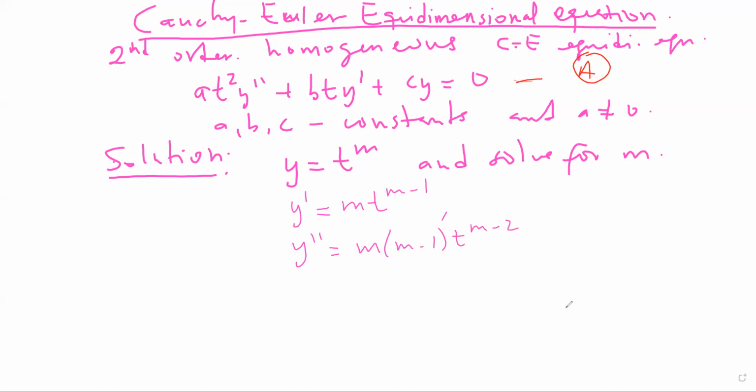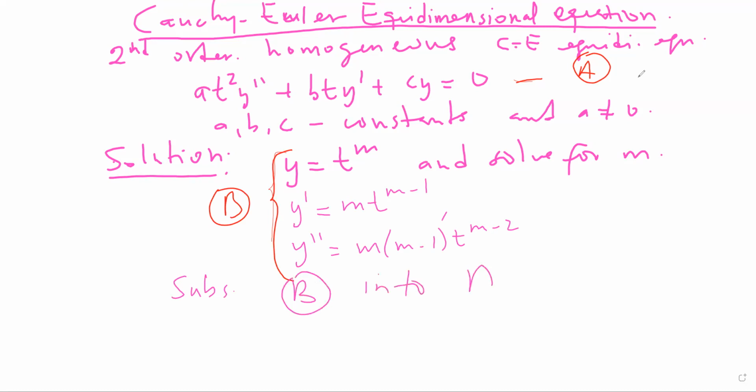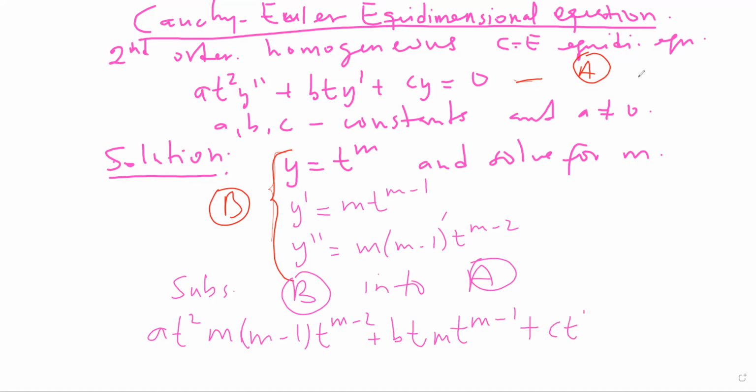Okay, so once you have these derivatives, which I'll call B, the next step is to substitute B into A. If you substitute B into A, then we're going to have an equation of this form: a t squared times m times m minus 1 t to the power m minus 2, plus b t times m t to the power m minus 1, plus c t to the power m is equal to 0.